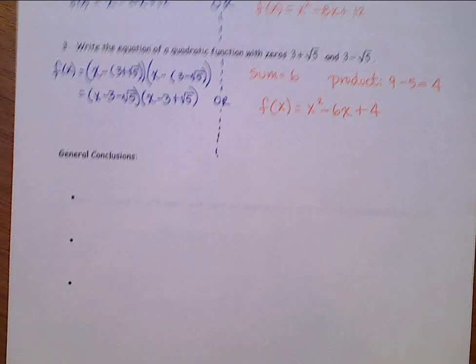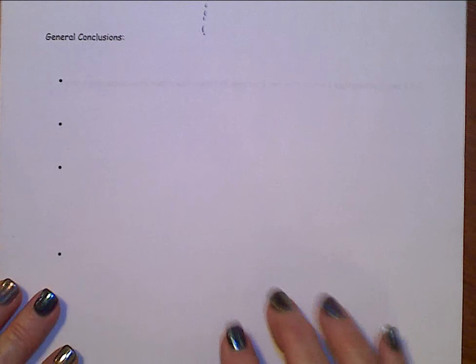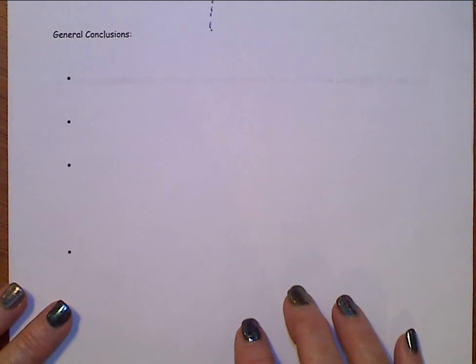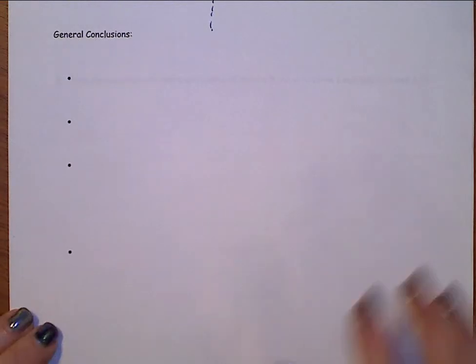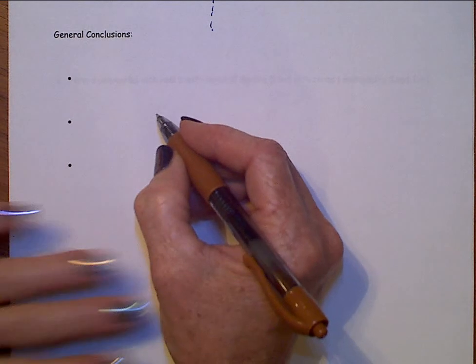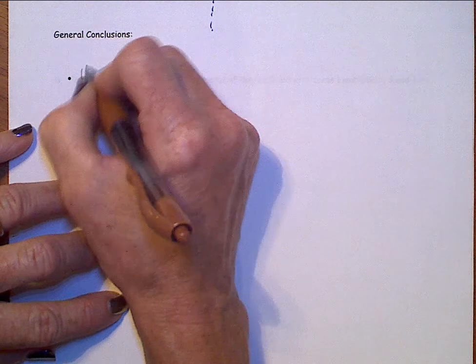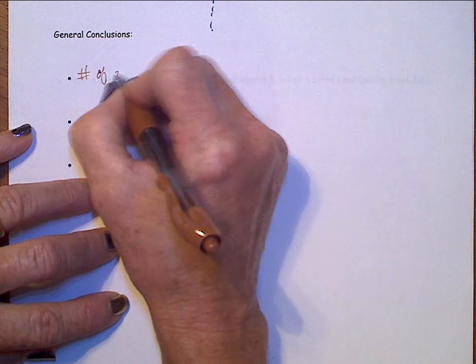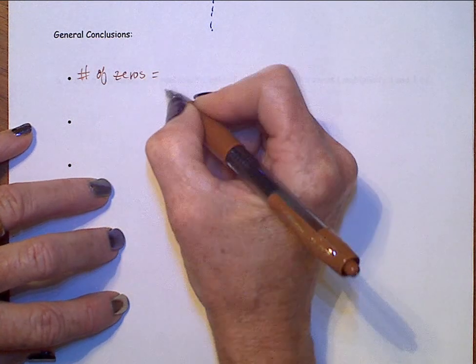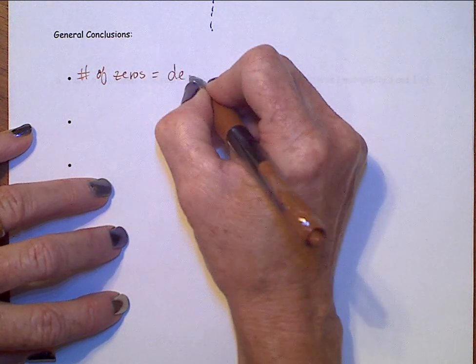All right, there are some general conclusions. Many of these we have talked about before. Most of them you've seen, we just haven't kind of ironed everything out or actually kind of labeled it. So the first one is that the number of zeros is exactly equal to the degree of the polynomial.